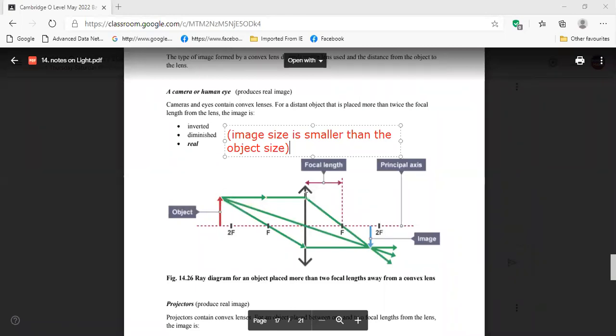The first ray, parallel to the principal axis, will go through the focal point F. Then the second ray goes through the optical center, going straight. The third ray going through the focal point will be parallel to the principal axis on the other side. And this one in the middle with a double-headed arrow is showing you the lens.